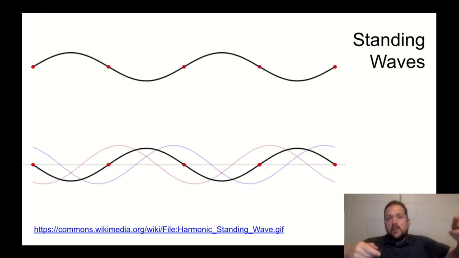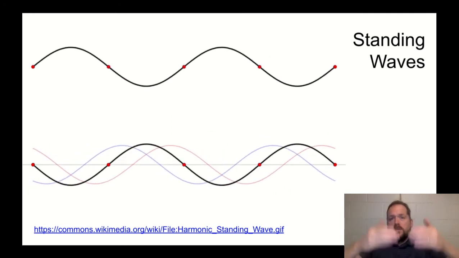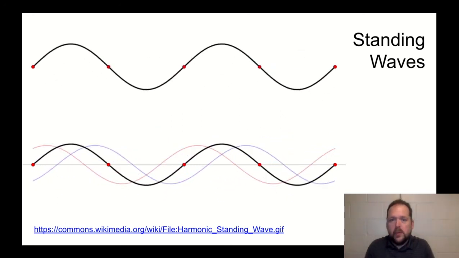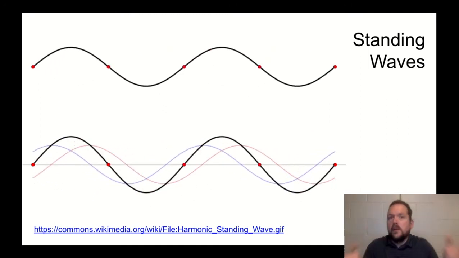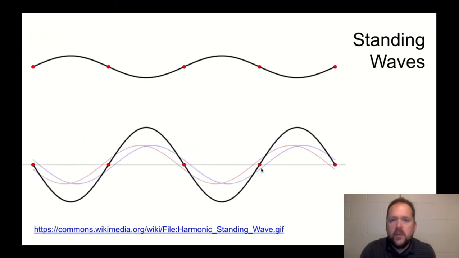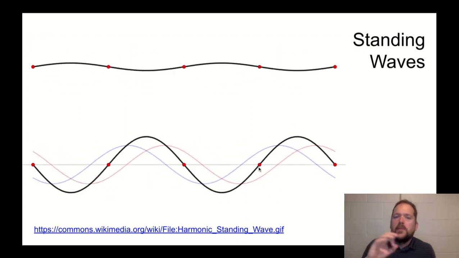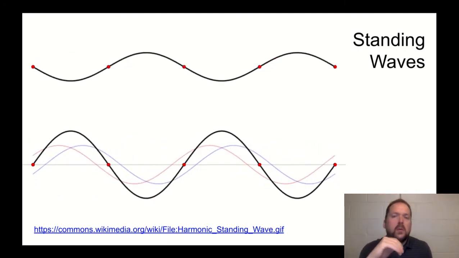Where you see what might be considered a trough, a dip under equilibrium, overlap another trough, you get even further below equilibrium. And then when you see a crest passing a trough, they completely cancel out. And so if you watch carefully along these points, which are considered nodes, the two pulses are always opposite height of each other on either side of equilibrium.